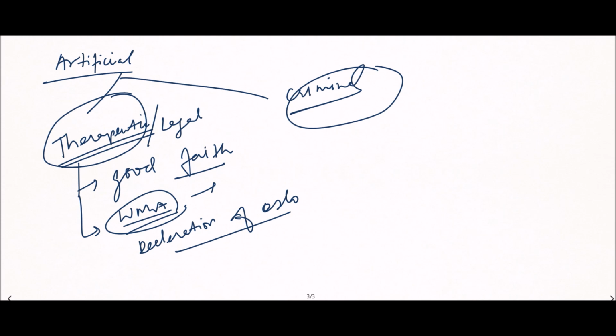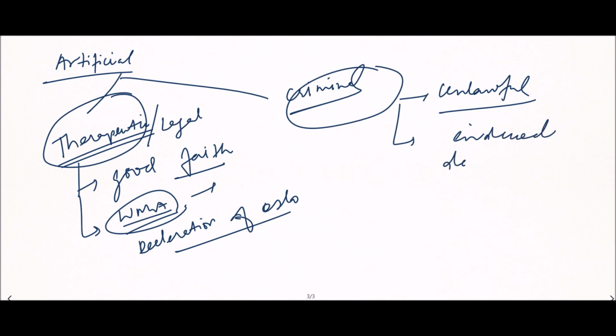That is the induced destruction or expulsion of the fetus from the womb of mother, and that too unlawful. So, this is unlawful, and it is induced destruction of fetus and expulsion of fetus from the mother's womb, that is known as criminal abortion.